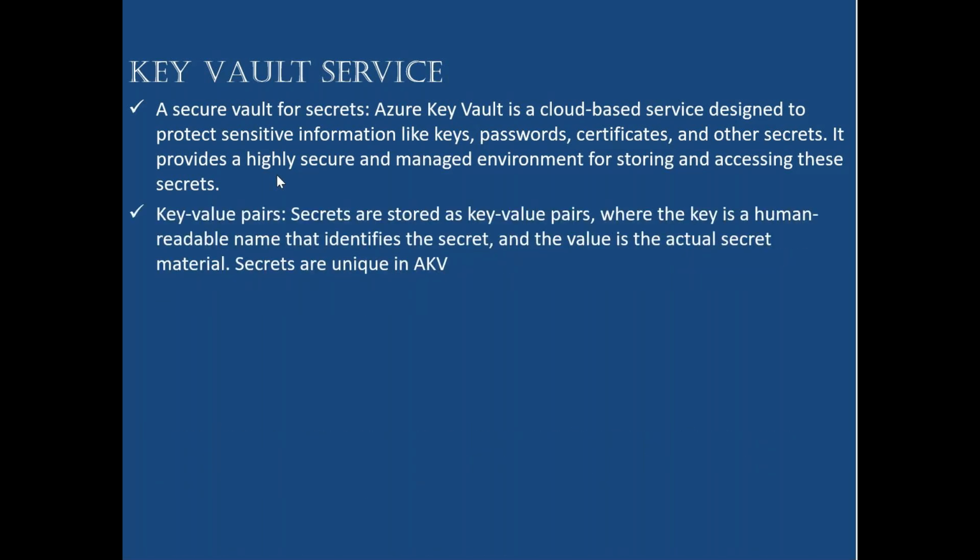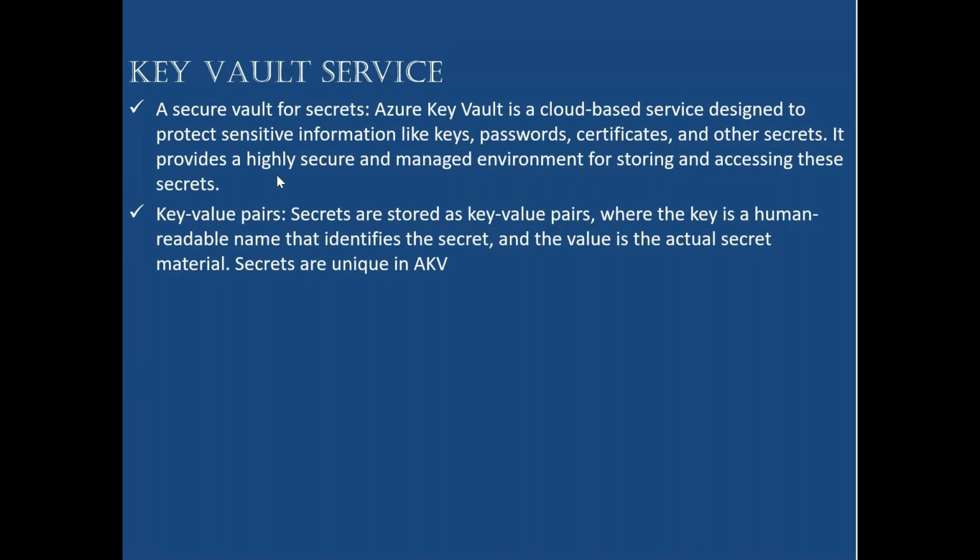Okay, so key value pair. Whenever you are storing sensitive information in the key vault, you must have a key and a value. Value is going to be the sensitive information. Key is the one used for identifying what sensitive data you have stored, because within the key vault you can store a database password, storage password, data warehouse password.